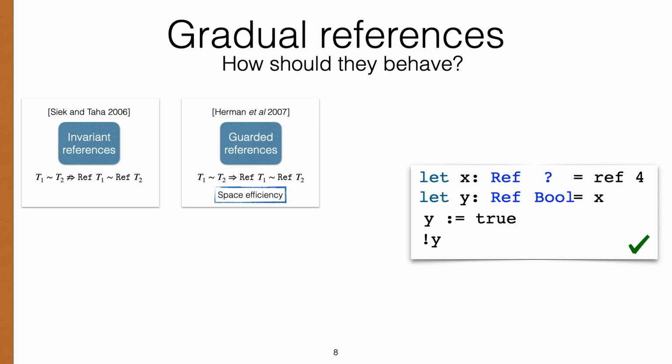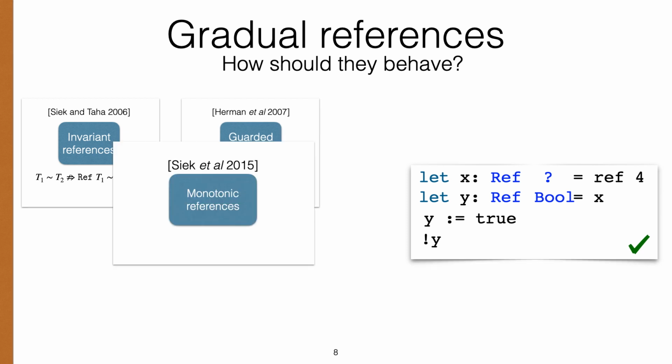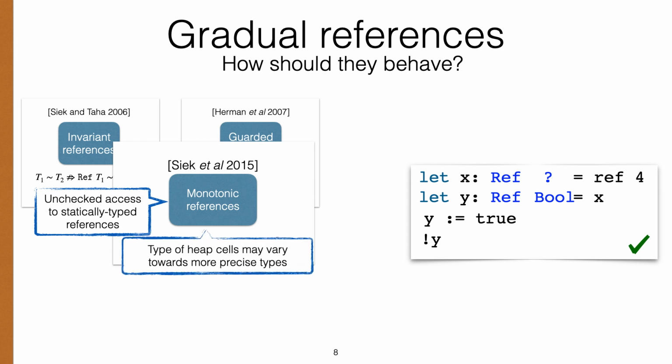The third approach is called monotonic references, and this design is motivated to avoid doing unnecessary checks on statically typed references. To do that, the type of a heap cell might vary only towards more precise types, and this is done by performing casts of references directly on the heap.